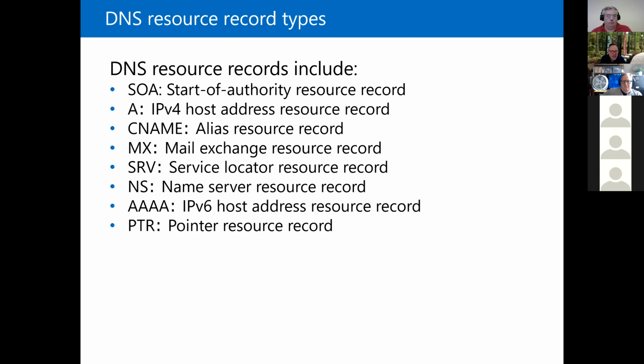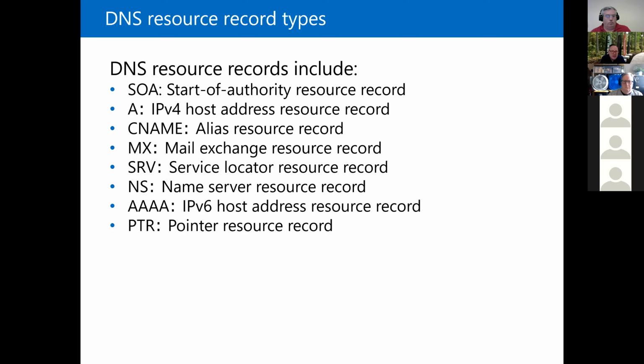You have an SOA, you have an A record. This is the IP version 4 host address resource record, and it's just a 2-column text file that says the name and the IP address. So if it's www.amazon.com, and then you tab over, or space over, and then you've got the IP address, or multiple IP addresses, right?